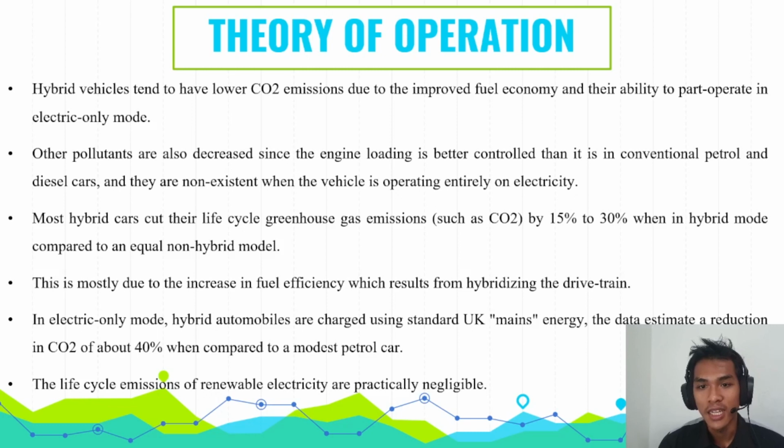In electric-only mode, hybrid automobiles are charged using standard United Kingdom mains energy. The data estimate a reduction in carbon dioxide of about 40% when compared to a modest petrol car. The life cycle emission of renewable electricity is practically negligible.